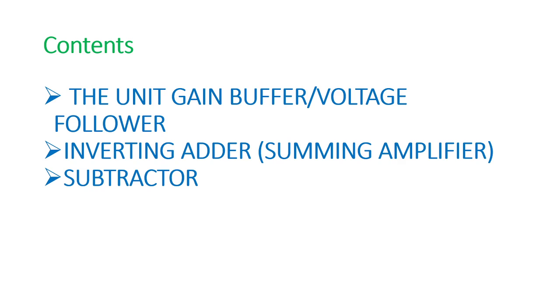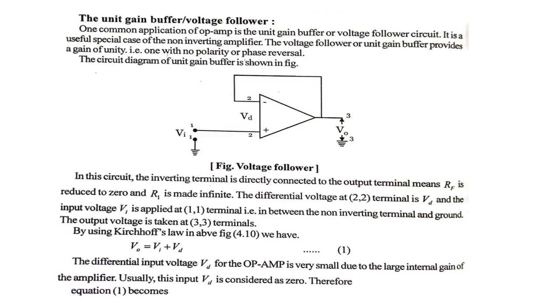Now see the unit gain buffer, the voltage follower. One common application of the operational amplifier is the unit gain buffer or voltage follower circuit.